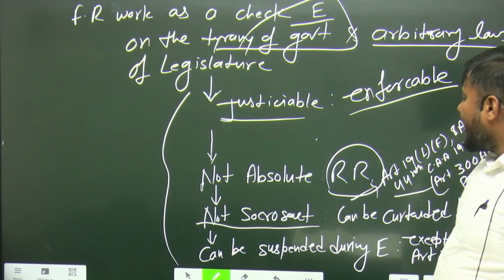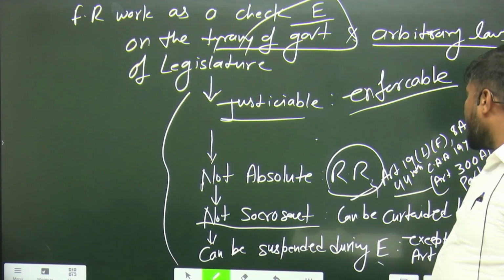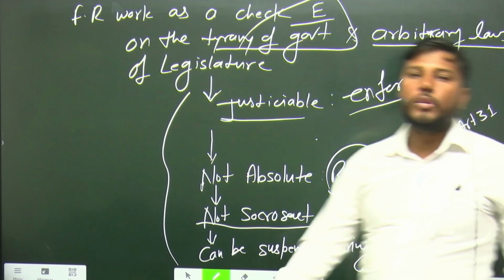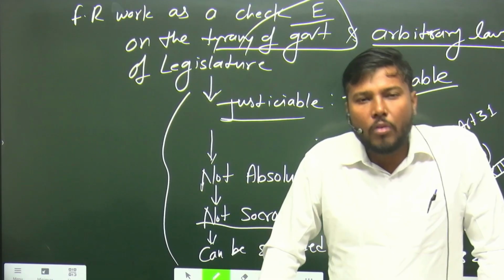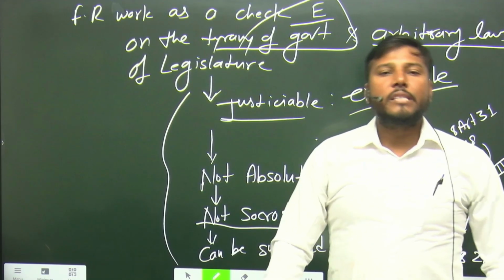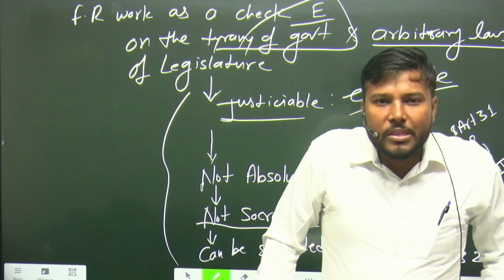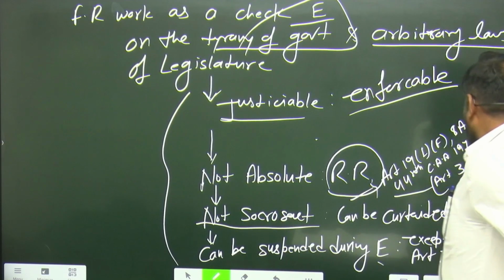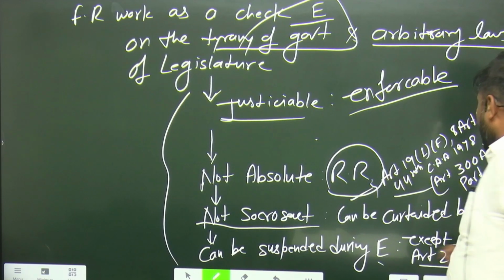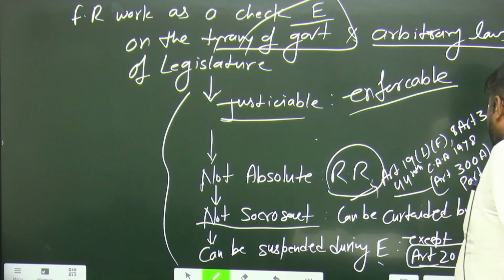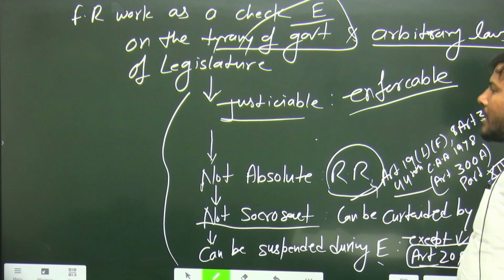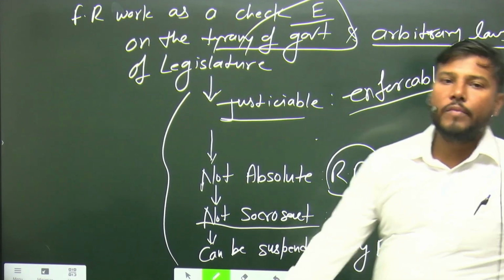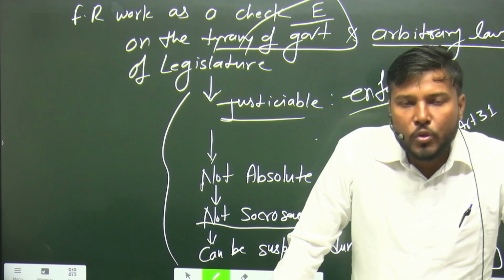And they can be suspended during the emergency. This is also a very unfortunate clause in our constitution. Our fundamental rights can be suspended during the emergency, except two fundamental rights which I've written here for you, Article 20 and 21. This right to life and personal liberty, these articles concerned with the matter, right? These two articles shall continue even during the imposition of emergency.